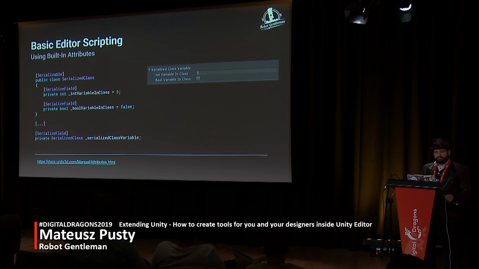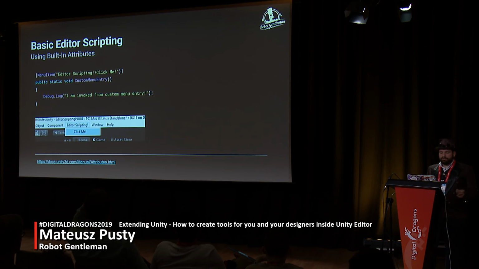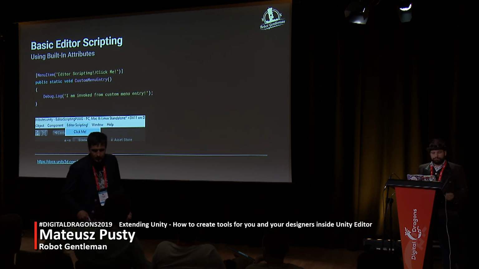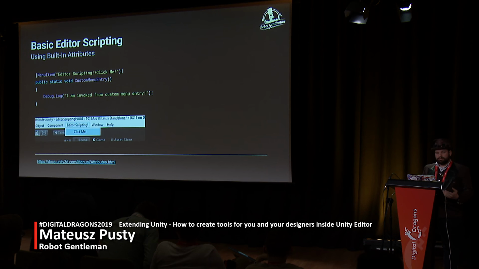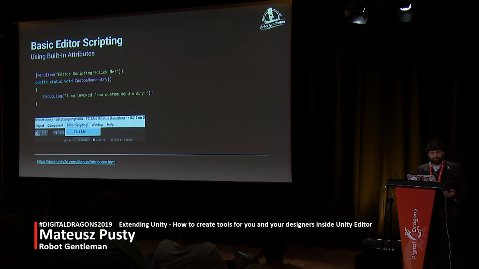And to see that class, we just simply put this serialized class anywhere in our code that's either an inspector or a scriptable object. We can also use attributes to produce some menu items that we can click and make Unity invoke some code.